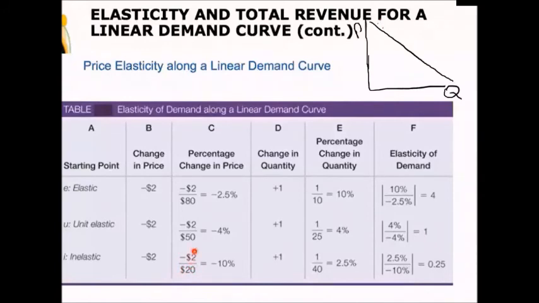So the same reduction is a much larger reduction in percentage terms when we start out down here. Now we look at quantity, we have the same increase of 1 unit. However, it's an increase of 1 unit from a much larger initial quantity, so the percentage change is much smaller. And when we look at elasticity, we get a much smaller elasticity, and it's an inelastic portion of the demand curve.